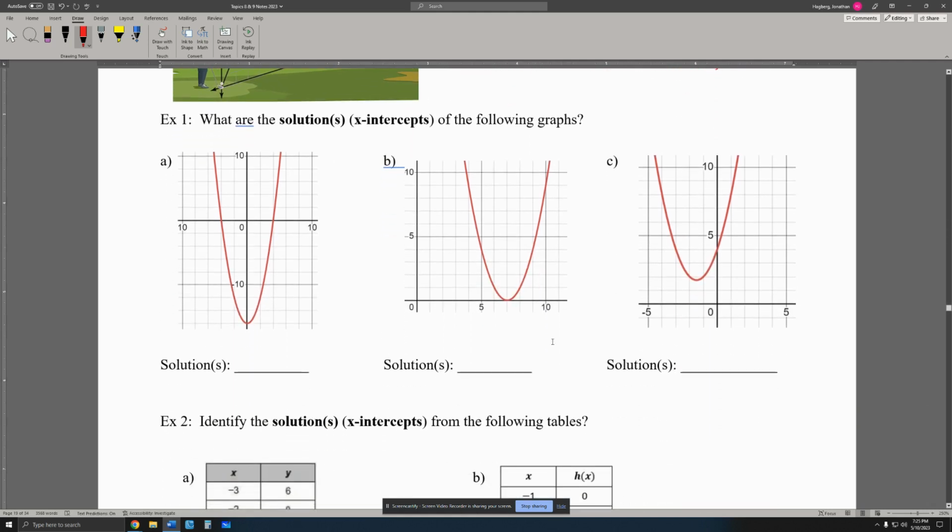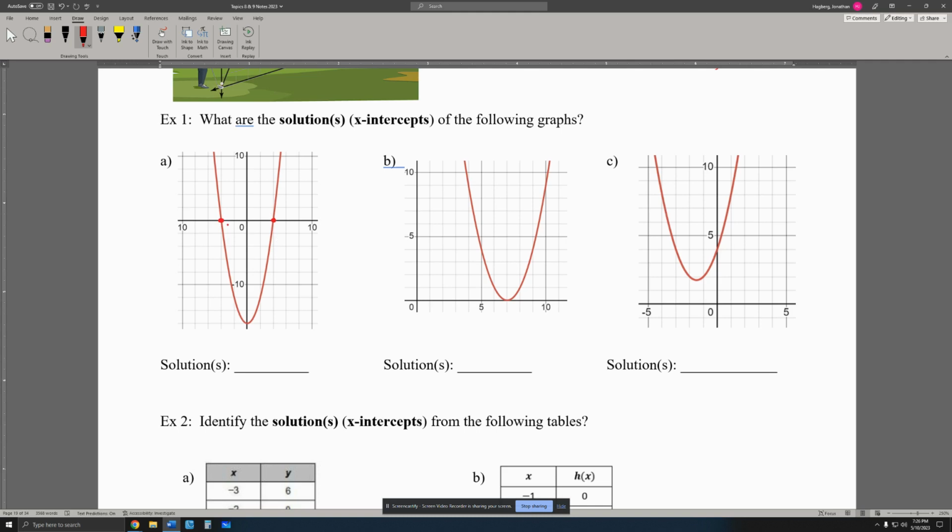Now let's take a look at some of these graphs. Solutions to a quadratic function are shown as x-intercepts on the graph. So if we find the x-intercepts on the graph, this tells us solutions for the quadratic equation. Looking at the first one, we have x-intercepts right here and right here.